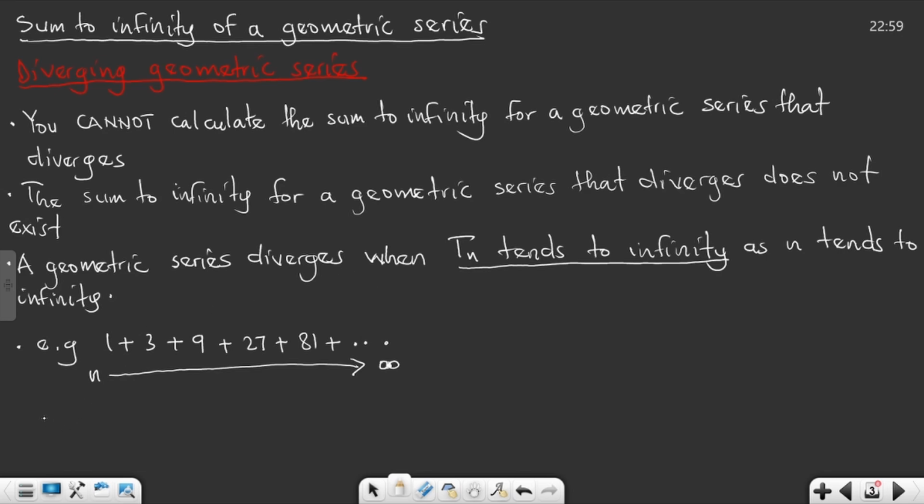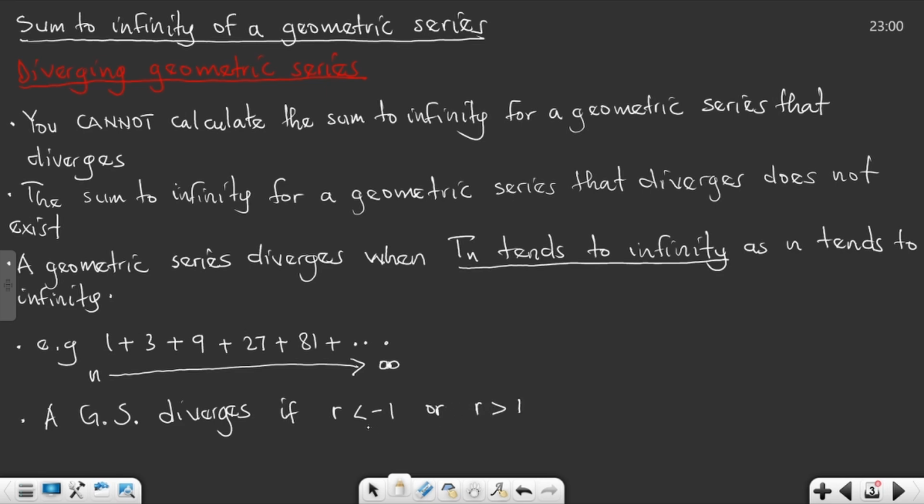And we say that a geometric series diverges if r is less than -1 or r is greater than 1.